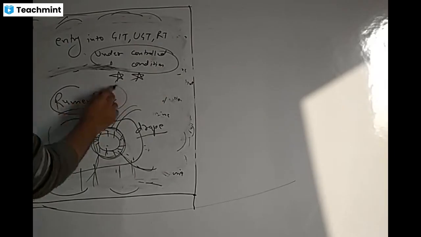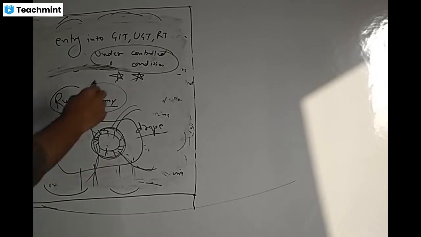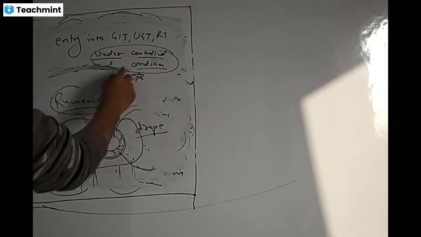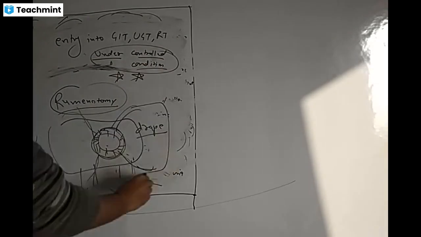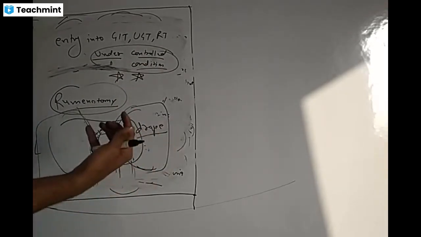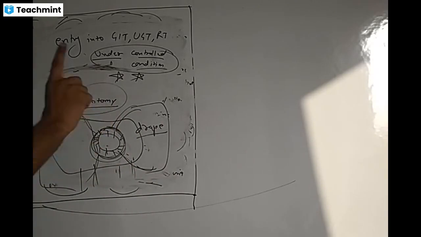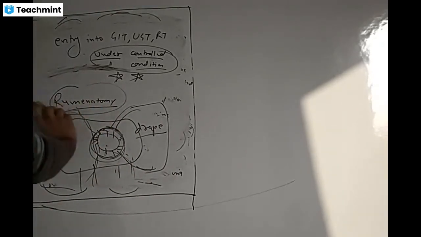So in case of rumenotomy, we open the rumen and search for the foreign body. Under controlled condition means, with the application of drapes and this ring, we bring the rumen out and work on that. In this case, no content of the rumen is allowed to enter the abdominal cavity.